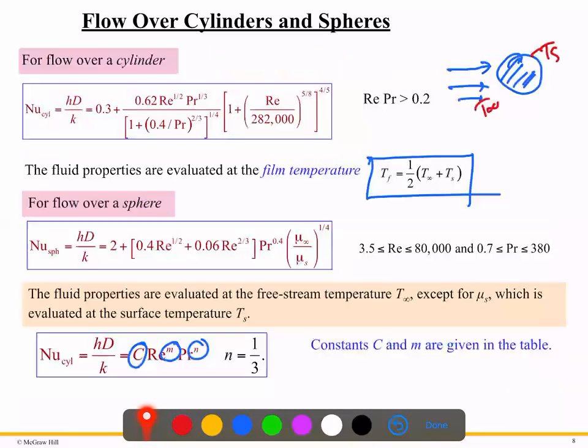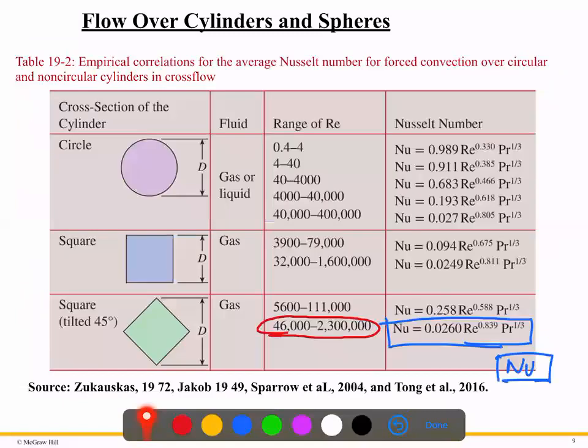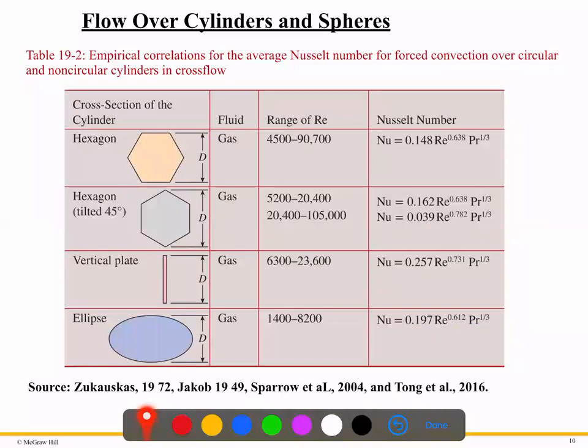What you need to know is, for a general problem, you can use this for a cylinder, this for a sphere, or for any other shape geometry, we will be using all these tables. Everything is given here. Based on the given information, we'll calculate the Reynolds number, and then we'll decide which correlations we should use. We'll solve related problems during the tutorials and the lectures, and you will get a much better understanding. So that's all.